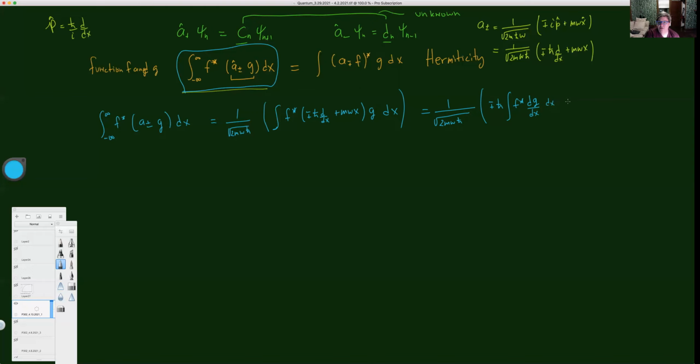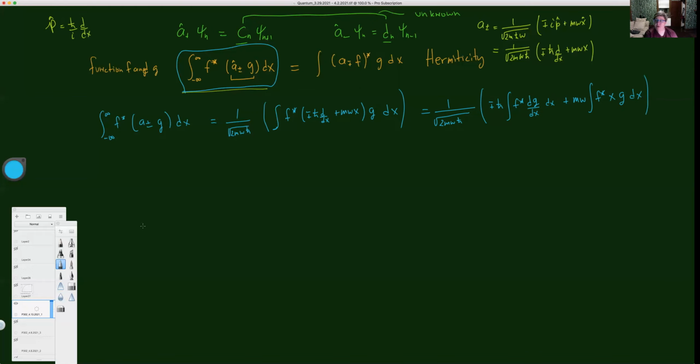And then the other integral is plus m omega outside the integral of f star x g dx. Okay, great. Now we have two integrals to deal with.